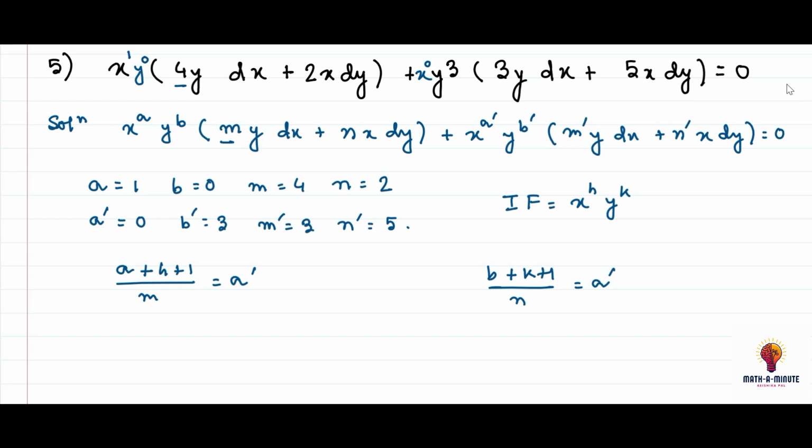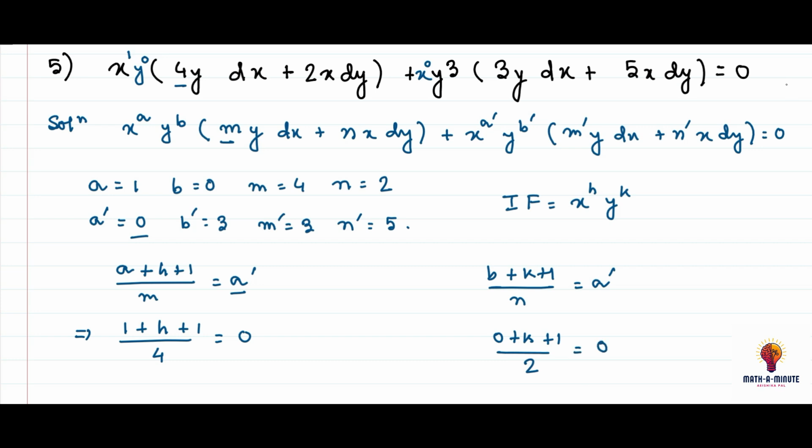So let me put the values of a, b and m in. It will be 1 plus h, which is unknown here, plus 1, divided by m, where the value of m is 4, equals the value of a', which is 0. So let me put 0 here. Now for this equation, the value of b is 0, plus k, which is unknown, plus 1, divided by n, where the value of n is 2, equals 0.